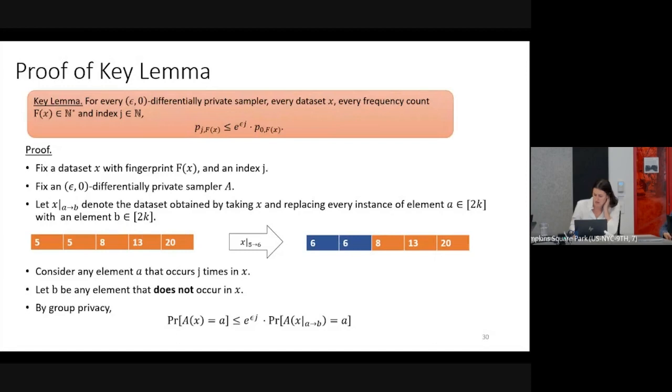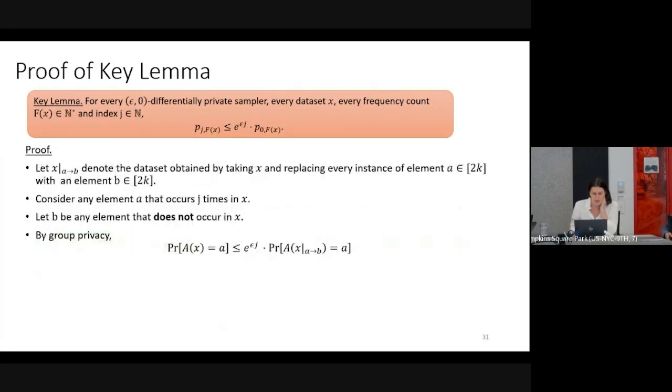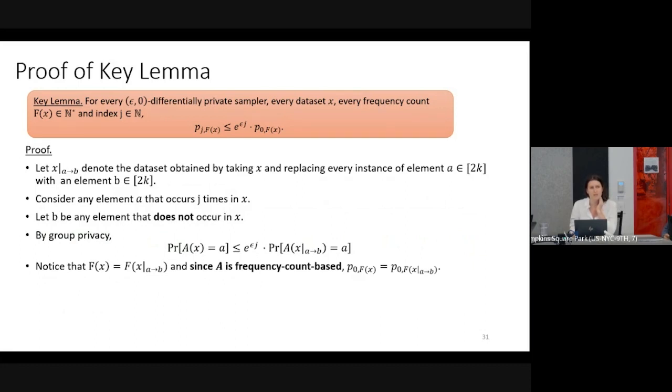Okay, so notice that the fingerprint stays the same. So we haven't changed any of the counts, just the labels of the counts. And since A is frequency count based, we know that these two probabilities will be equal then. It doesn't care about the labels.